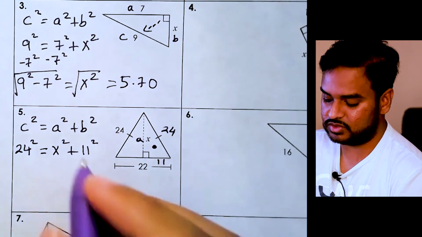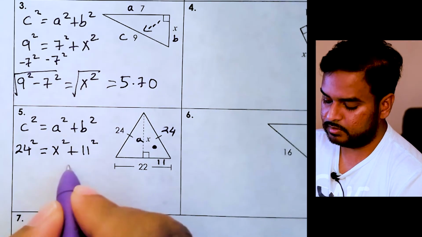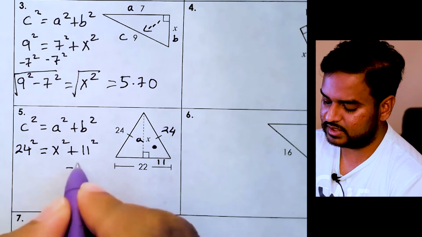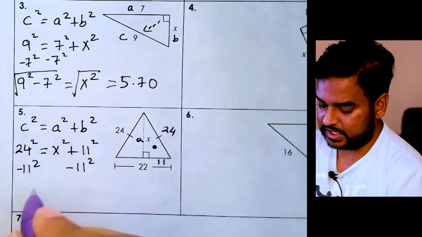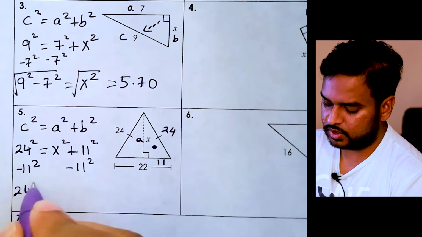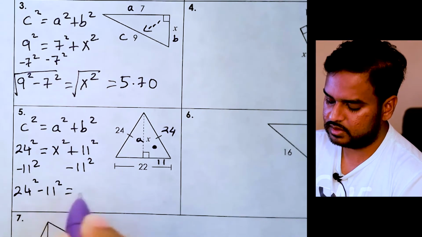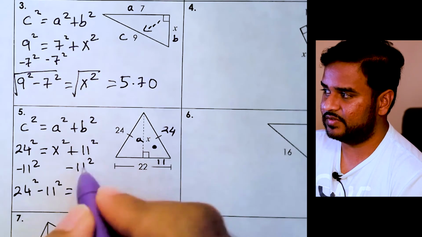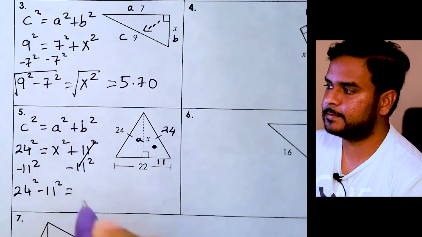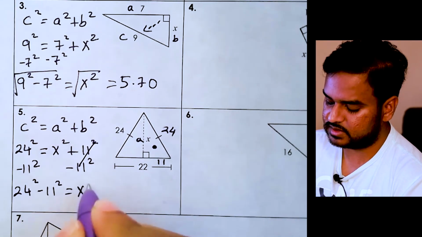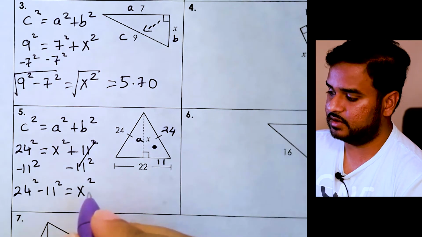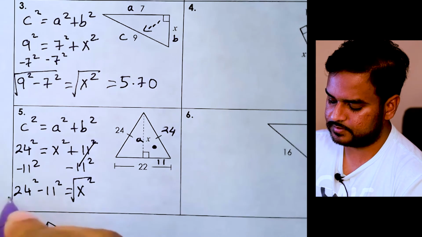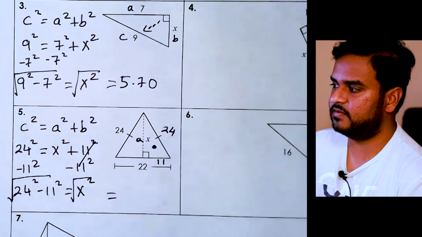So I can go ahead and solve for x by isolating it. So I subtract 11 squared from both sides. So on the left side I have 24 squared minus 11 squared left. On the right side, 11 squared and 11 squared cancel out to leave me with x squared. So finally I take the square root of both sides to solve for x.